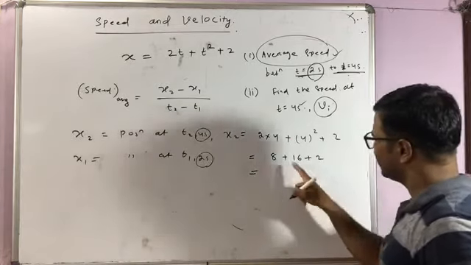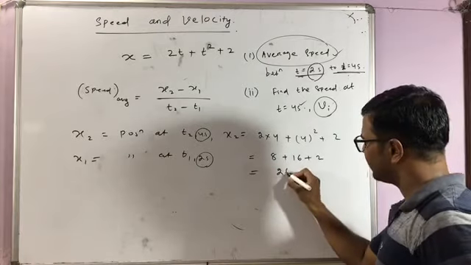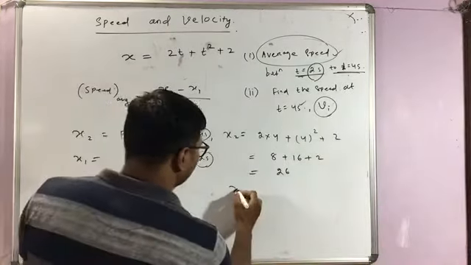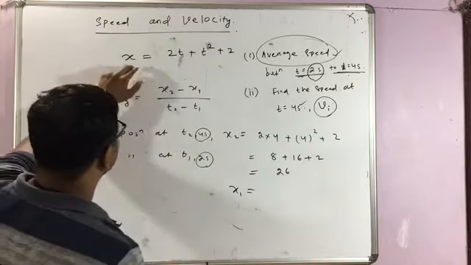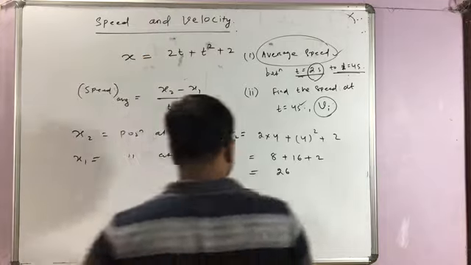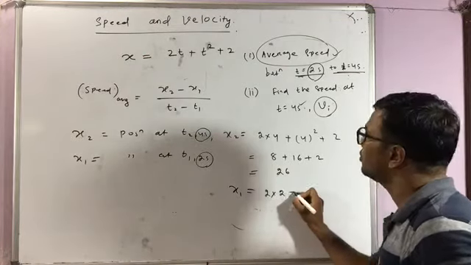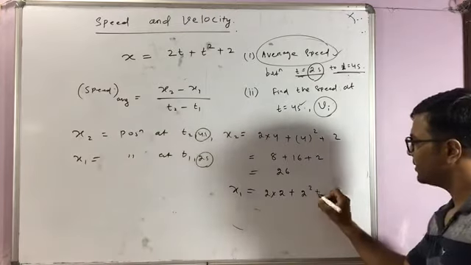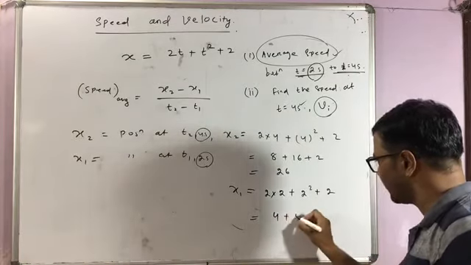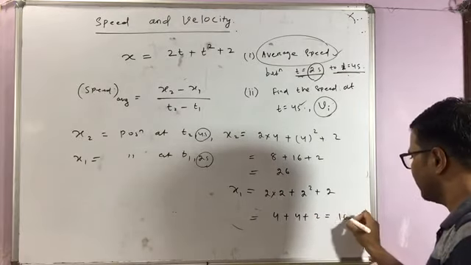So 8 plus 2 is 10, 10 plus 16 means 26. Then similarly we can calculate x1. x1 is how much? You take t is equal to 2. 2 into 2 plus 2 square plus 2. So 2 into 2 is 4, plus 2 square 4, plus 2. 4 plus 4 is 8, plus 2 is 10.